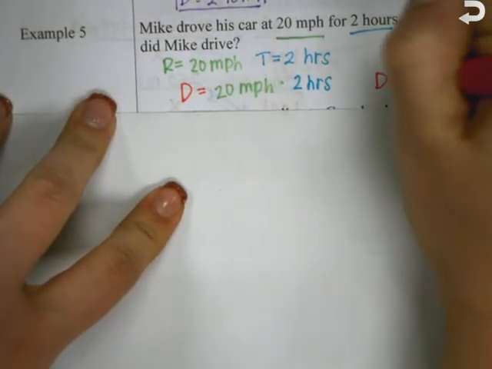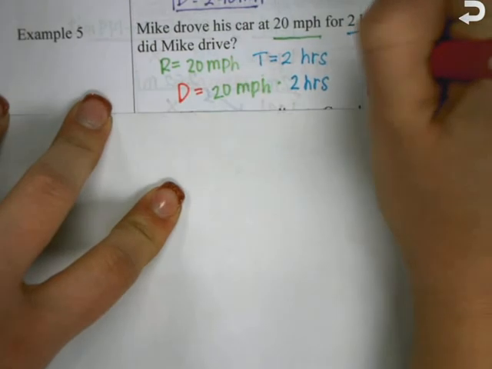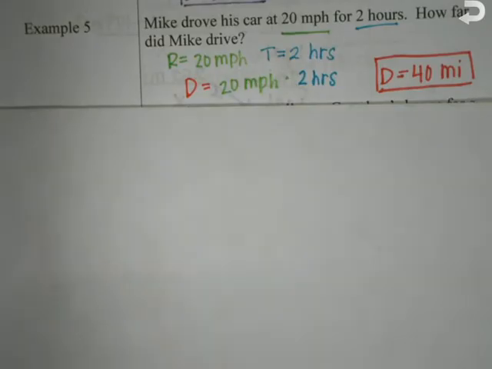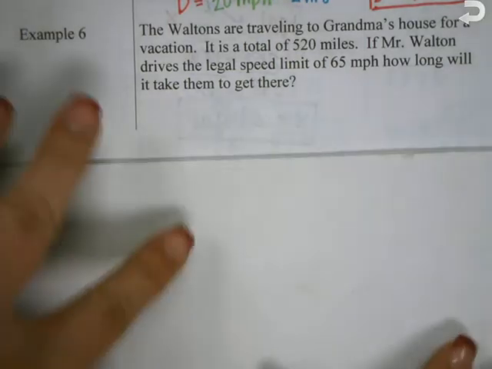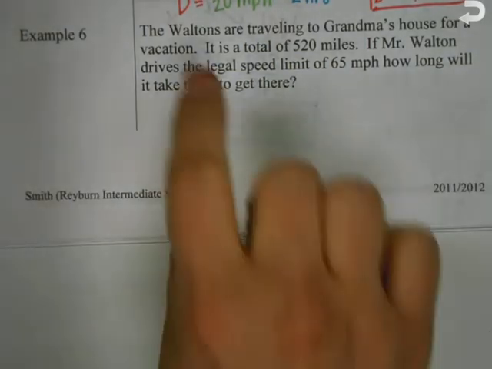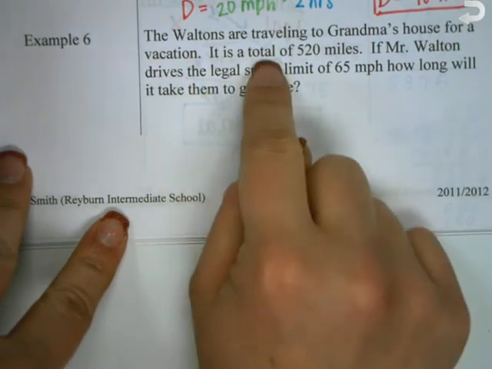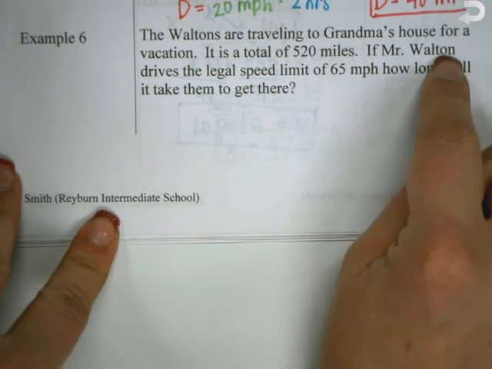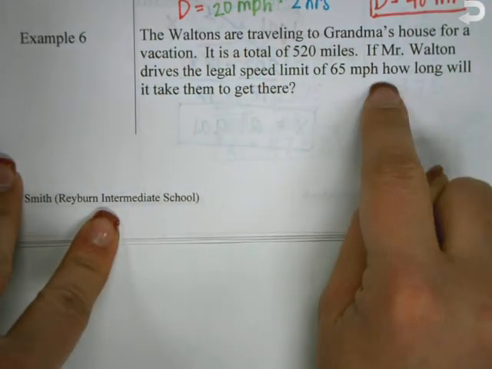Okay, example 6, last one. The Waltons are traveling to Grandma's house for a vacation. It is a total of 520 miles. If Mr. Walton drives the legal speed limit of 65 miles per hour, how long will it take them to get there? Alright, in this word problem, what 2 pieces of information am I given? Jacob.